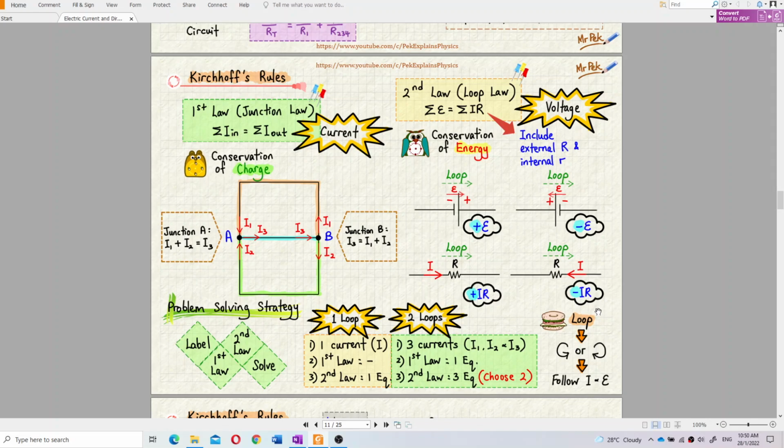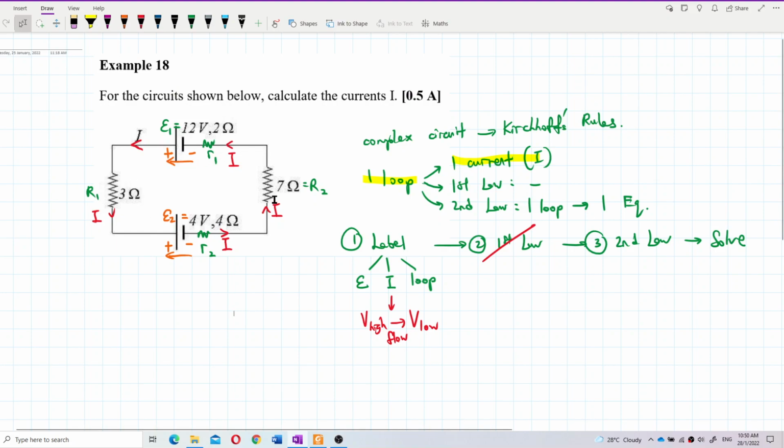But actually, it's not wrong. Even though your loop direction is opposite to your EMF, whether you put the loop direction anti-clockwise or clockwise, both are accepted.